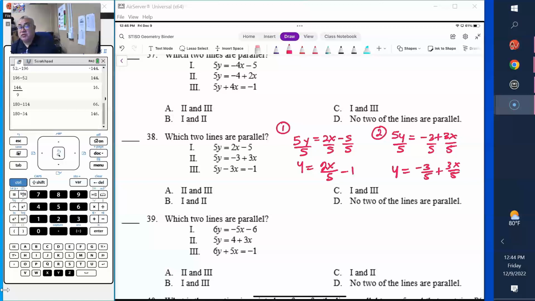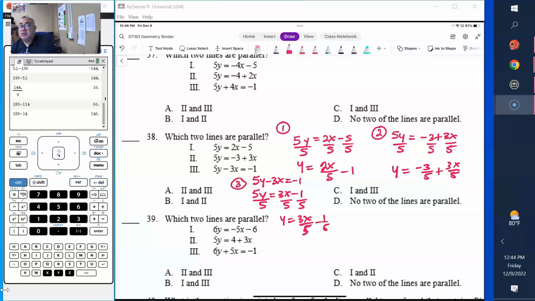And then the last one, we're going to have to solve for y. Number 3, and I'm running out of room. So I'm going to put 3 right here. So we have 5y minus 3x equals negative 1. So you have 5y equals 3x minus 1. I added 3x to both sides. Divide by 5. So y equals 3x over 5 minus 1/5.